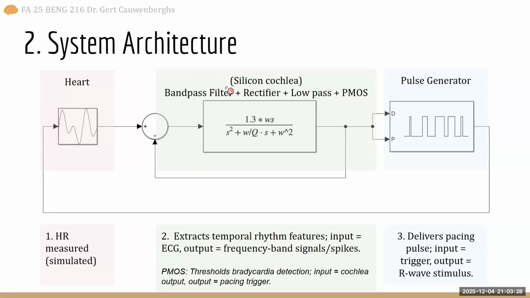The second part is to extract the temporal rhythm features. The input is from the ECG and the output is frequency band signals with spikes. And then lastly, we enter a pulse generator. This delivers a pacing pulse. The input is the trigger, and the output is the simulated R wave that goes back into the heart.